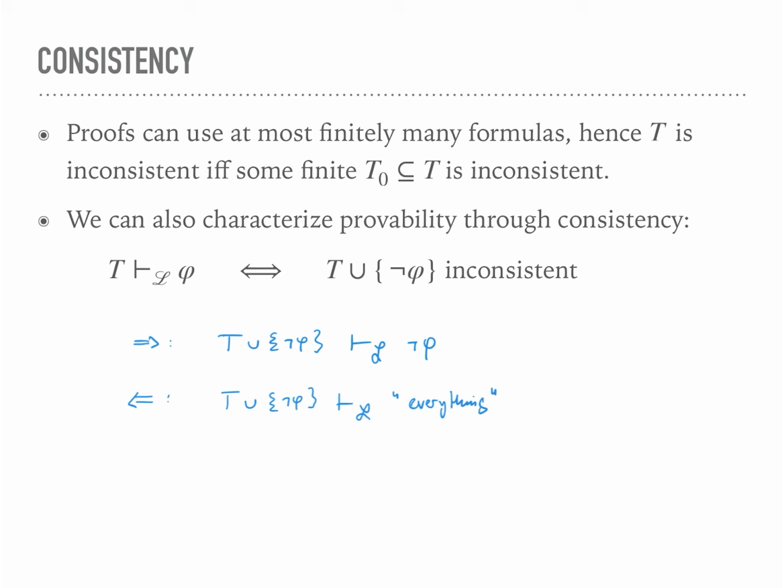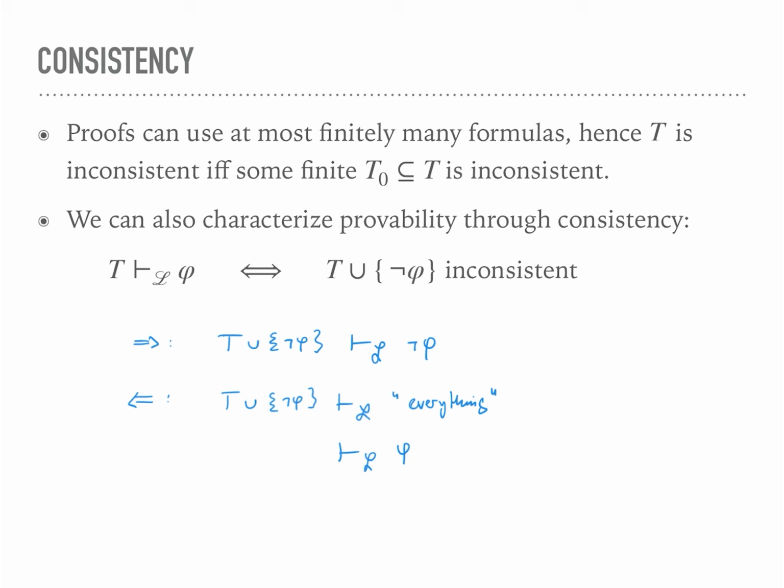So in particular, T union not phi proves phi. Well, that doesn't quite help us, because we need to show that T proves phi. We can only show that T union not phi proves phi. So how do we get rid of the extra assumption not phi to show that T proves phi?